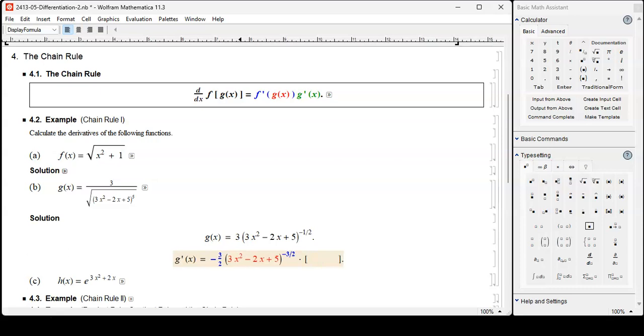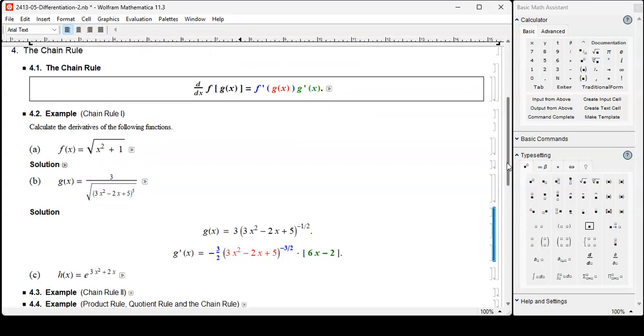Right here, like a dangling chain. So what's that derivative? What do you get? You get 6x minus 2. Did I do this right? There you go. That's a derivative computation. Step 1, step 2, step 3.